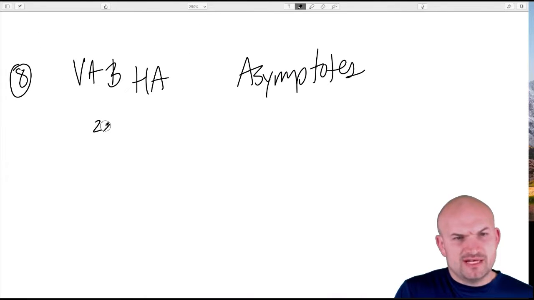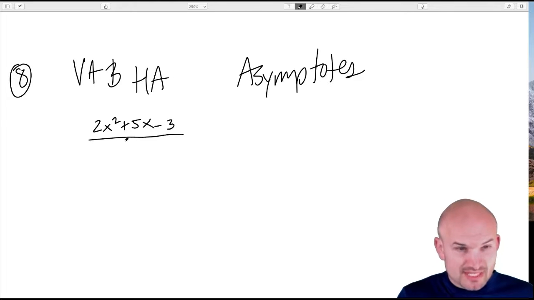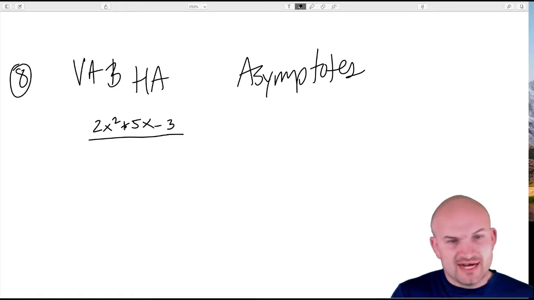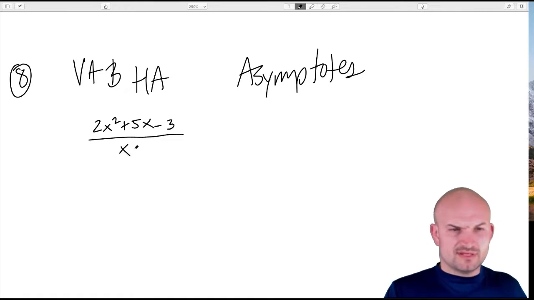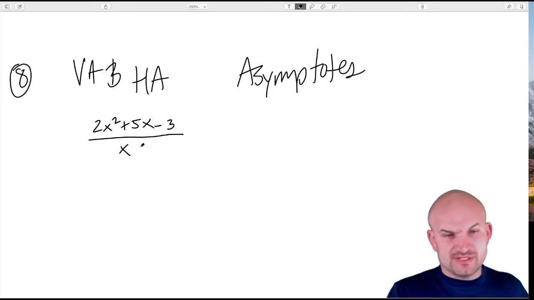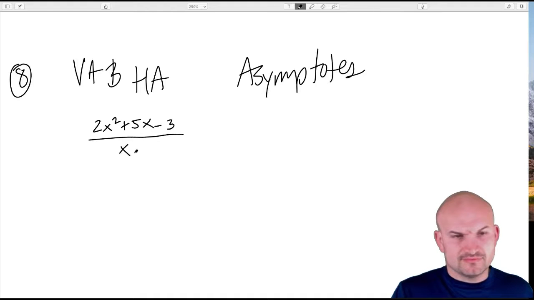Okay, so I have 2x squared plus 5x minus 3. So let's go ahead and identify, let's just say if this was x, what was it, 2x plus 3, so let's just do x, I don't know.